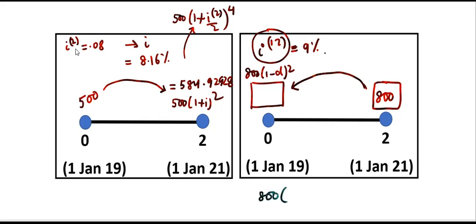(1 minus D) squared is there. If you don't want to use that, you can use i. i12 is given. You write this v squared, that is (1 plus i) power minus 2. And in (1 plus i), either you find i, or you write 1 plus i12 by 12 power 12 into minus 2, so it will be minus power 24.